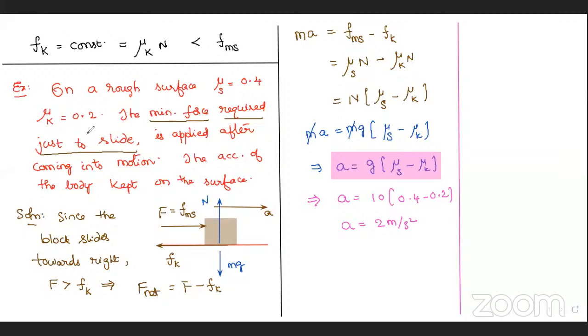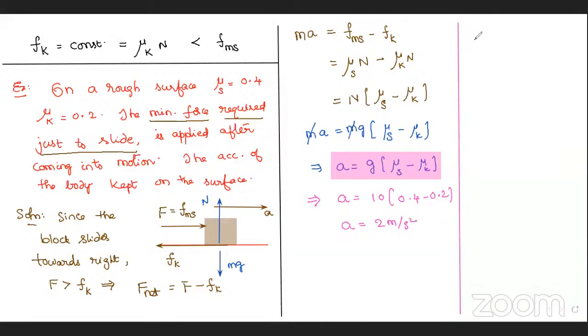That condition I already underlined here: minimum force required just to slide. If he gave that condition, then straight away we go to this pink color box, and in just one step we say the answer. This is time saving. Good. This is one model.